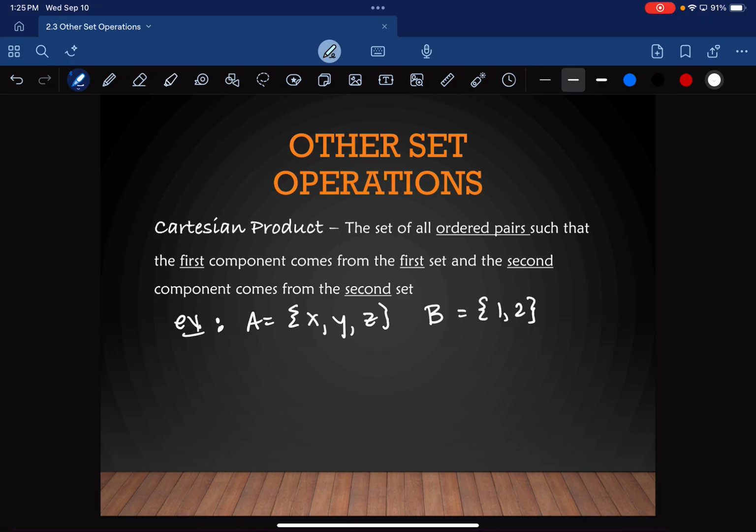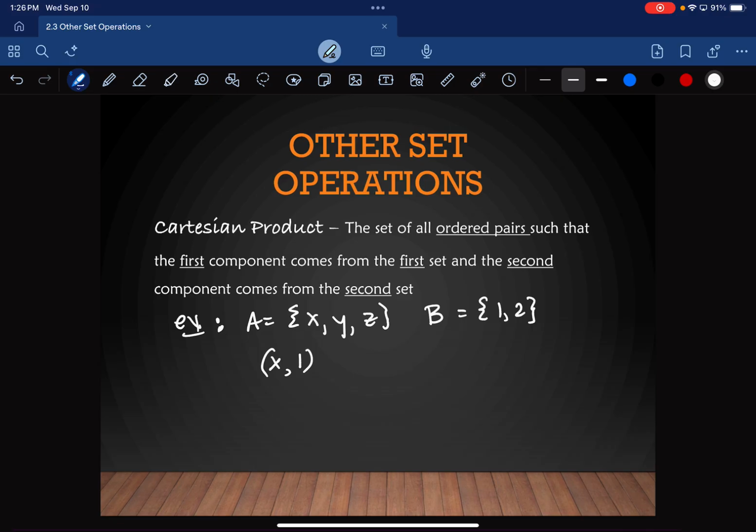Okay, so what we're doing is we're doing pairings of things, and we're going to list all the pairings. But the condition is that one of the paired items has to come from set A, and the other item that it's paired with has to come from set B. In other words, I can't pair X and Y together. Are you with me? Because they're both in set A. So I take an element from set A, say X, and I pair it with an element in set B, say 1.